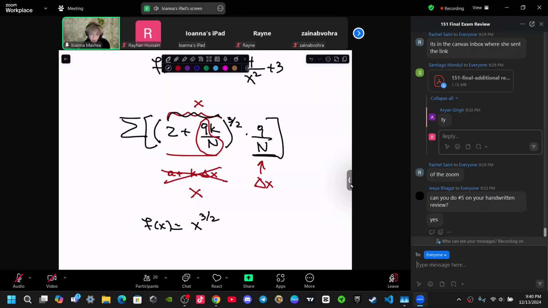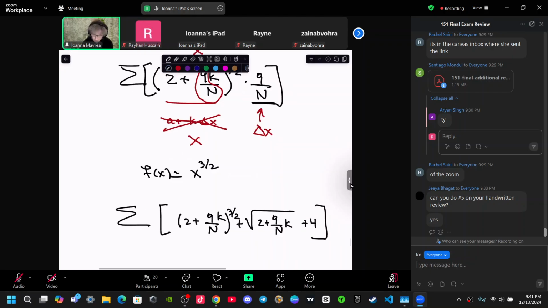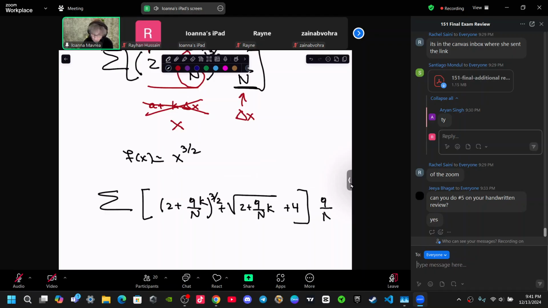Here's your delta x. So here's another example. In the integral, your a is 2.